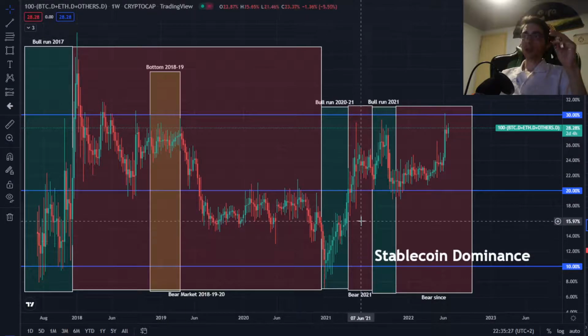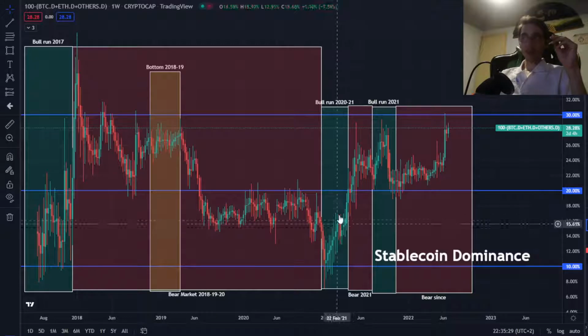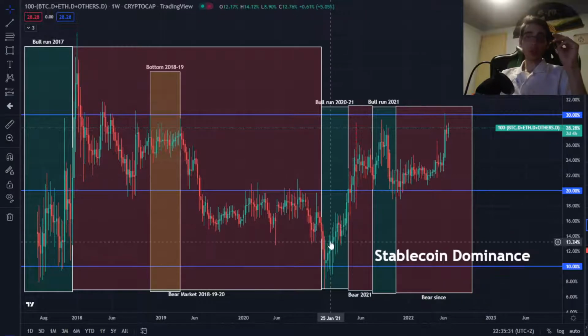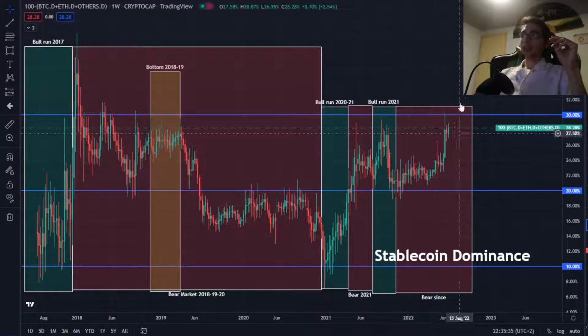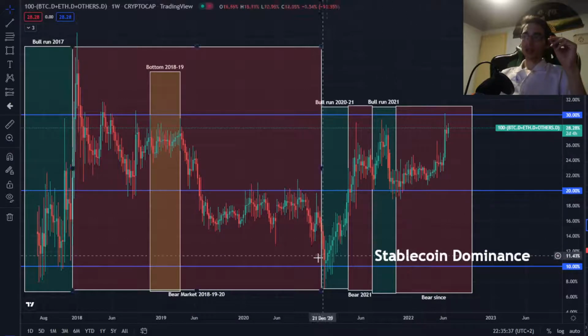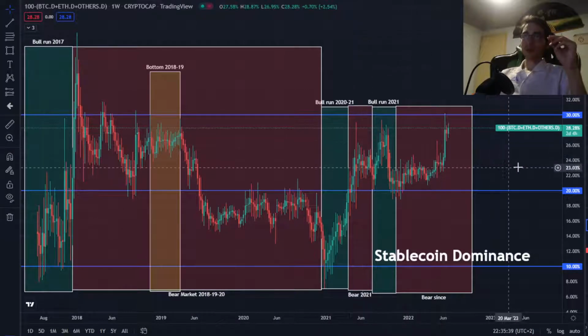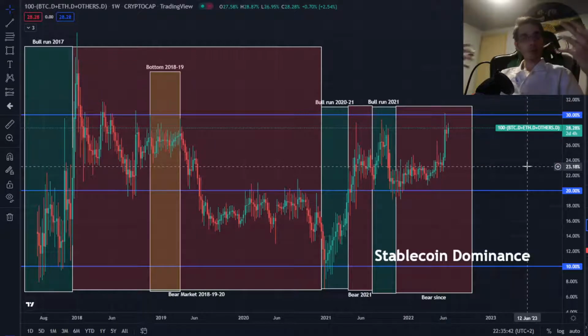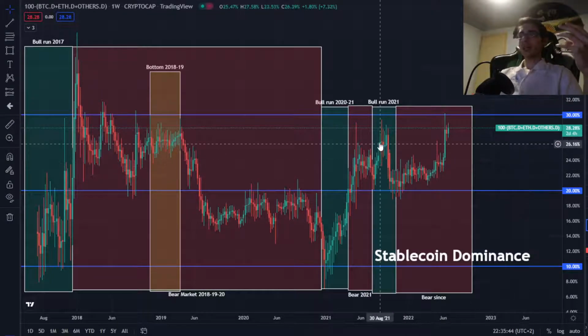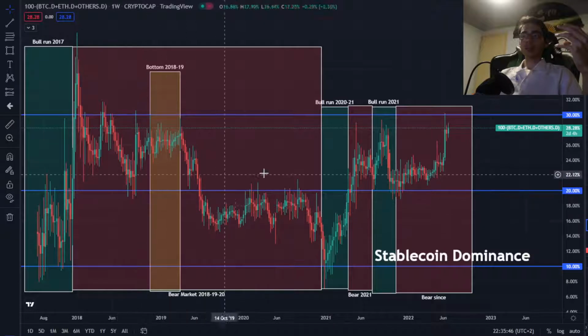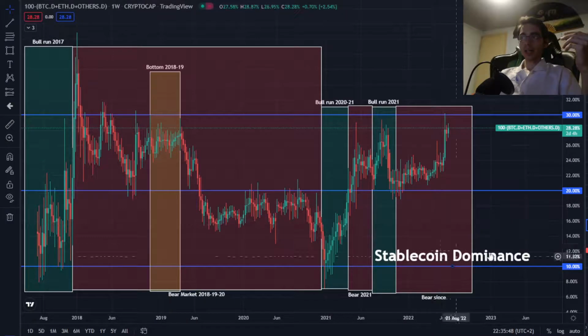Massive adoption means that more people entering the market are actually entering with stablecoins. Stablecoin dominance could rise, and so in the next cycle we could experience this kind of a rise in the stablecoin dominance itself, and we may never reach this low level again.